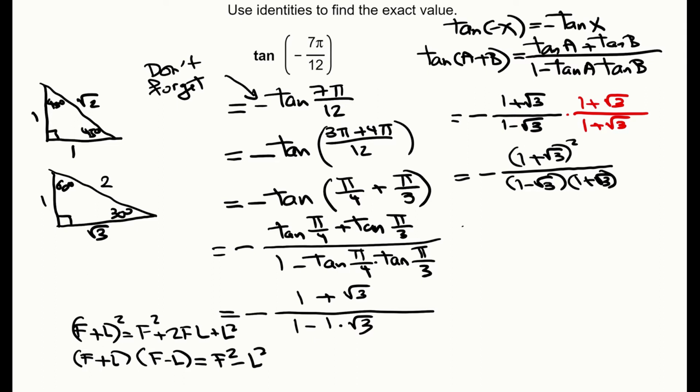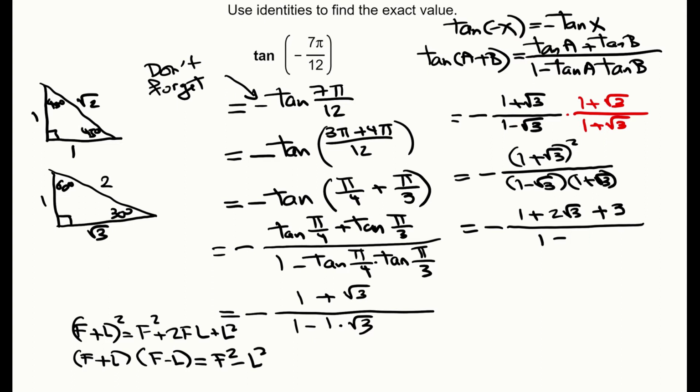So for the top, we have the negative, which we carry. The top becomes 1 squared, which is 1, plus 2 times 1 times radical 3, which is just 2 radical 3, plus square root of 3 squared, which is 3. Down below we have 1 squared, which is 1, minus square root of 3 squared, which is 3.